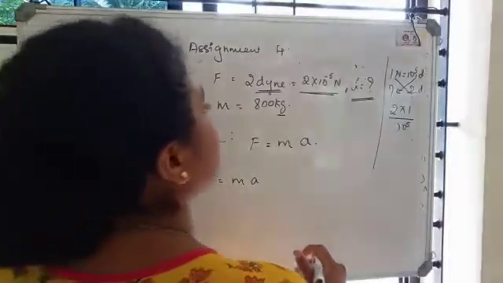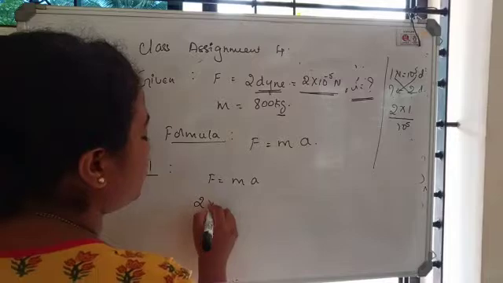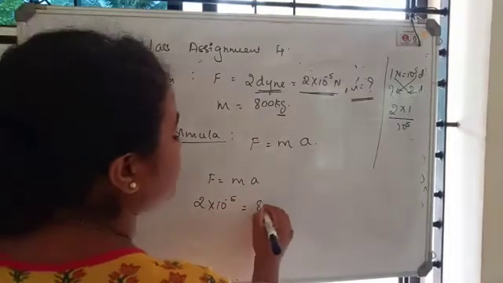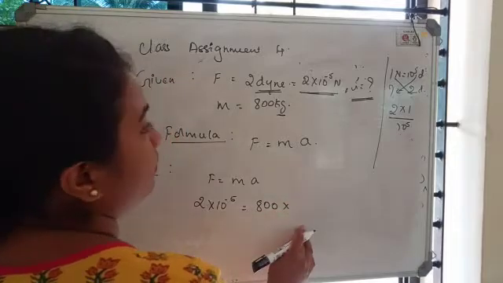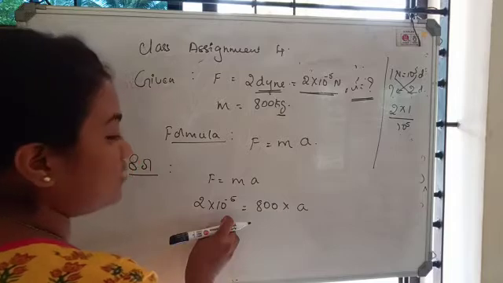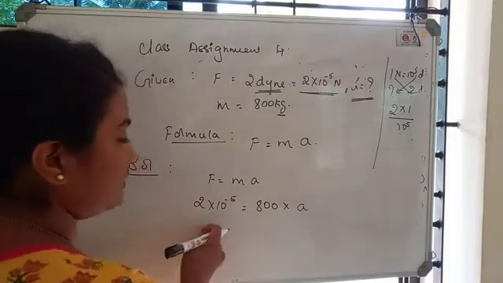So now you can substitute. In the place of force, the value is 2 into 10 raised to the power of minus 5, is equal to, in the place of mass, 800 into A. We don't know the value of A. To find A, bring this to the other side. It is multiplied with A, so when bringing it to the other side, it will be divided.